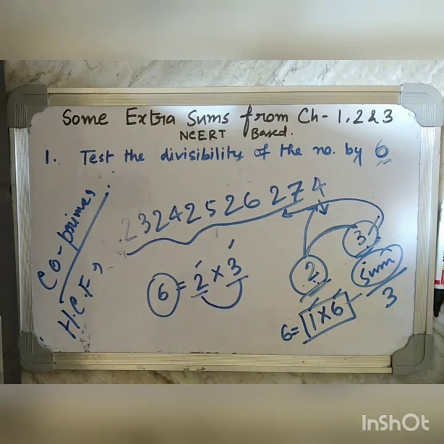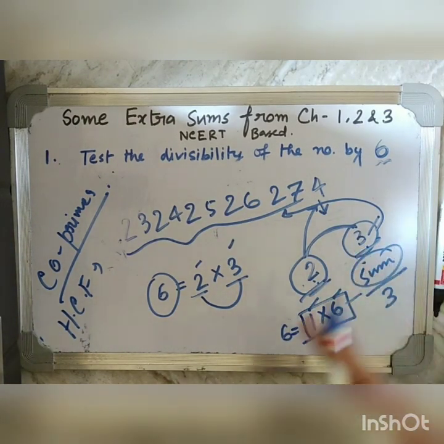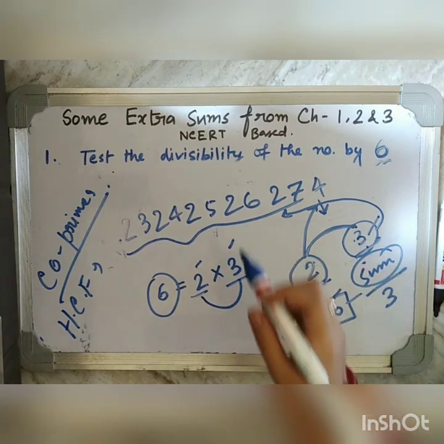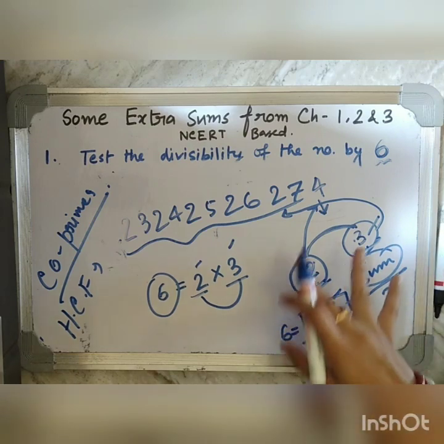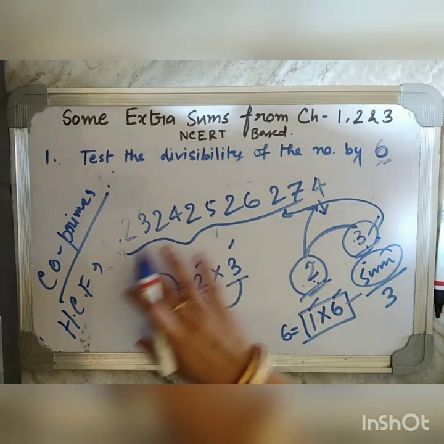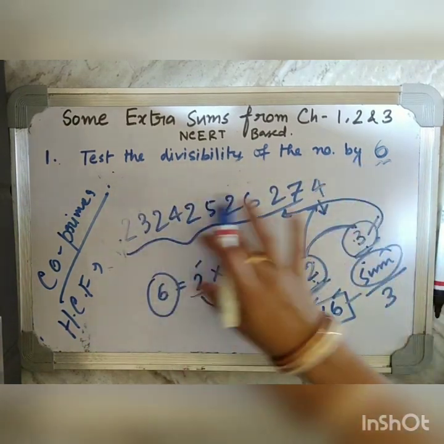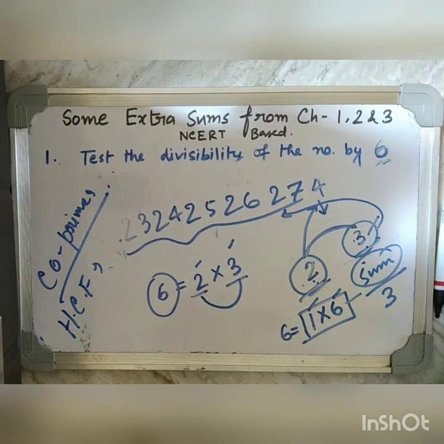Okay, so for checking the divisibility rule by 6, what do we have to do? We have to just check the divisibilities of 2 and 3 for that number. If both of these numbers can divide that given number, then we can say that this number will be divisible by 6. Okay.